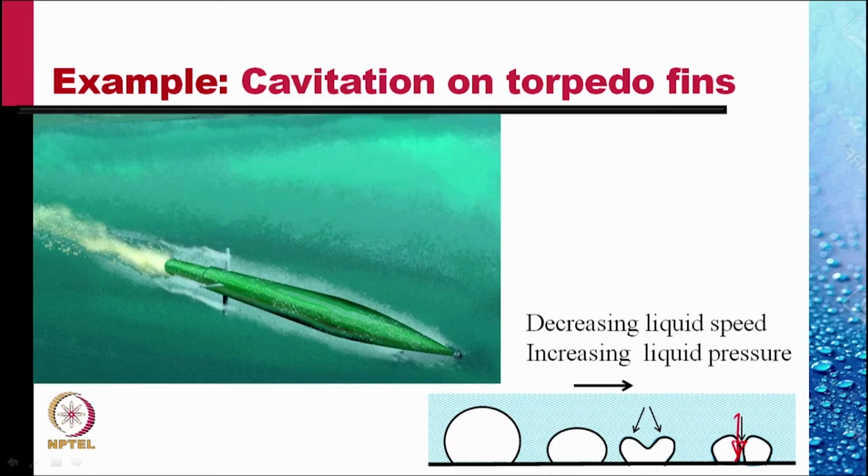This jet can cause erosion and pitting on the fin surfaces, which will decrease the control of the vehicle. So we need to avoid cavitation.